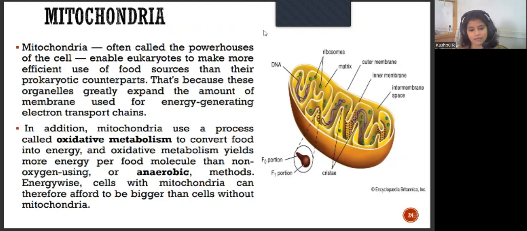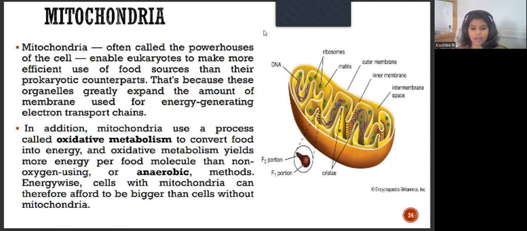This organelle is used to produce energy by the process of the electron transport chain. The electron transport chain occurs in mitochondria. It also shows oxidative metabolism, which helps us extract energy from food, thereby producing numerous ATP.